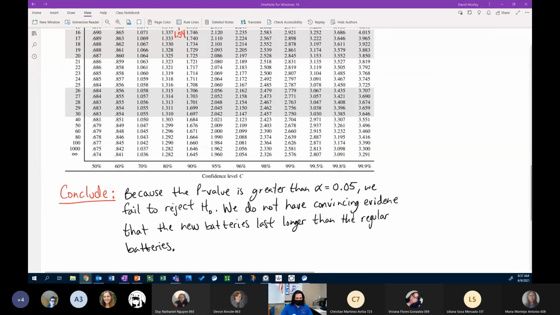We do not have convincing evidence that the new batteries last longer than the regular batteries. And that's it. Notice again, I'm taking that second sentence in my statement and writing something about what this means in context. Right. Is there anything else I can clarify about this example?